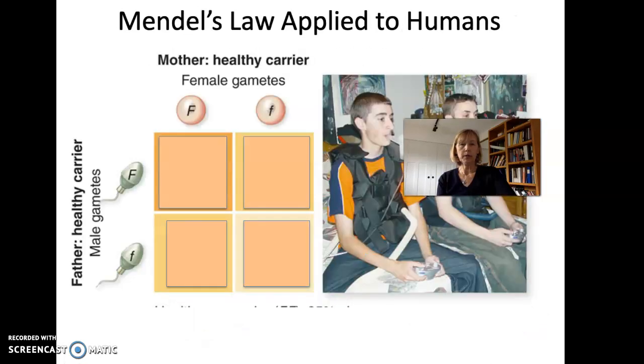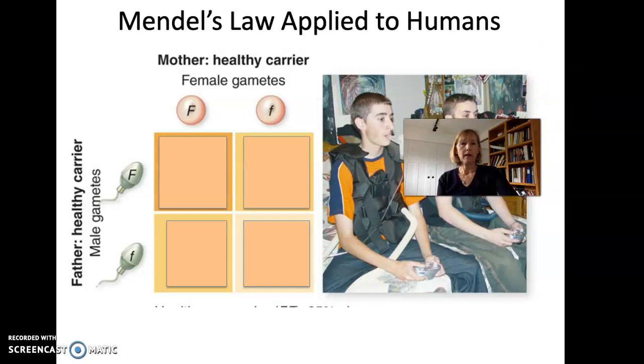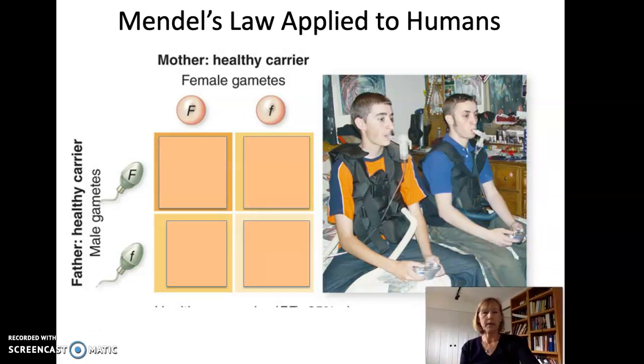Let's look at one more. It also applies to humans. So in the case of cystic fibrosis, and let me get myself out of the way, in the case of cystic fibrosis, it's recessive. It's a recessive inheritance mode. And so the mother here could be, for example, a healthy carrier, big F, little f.